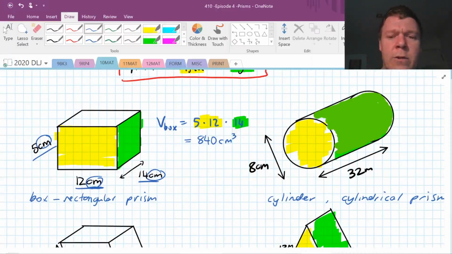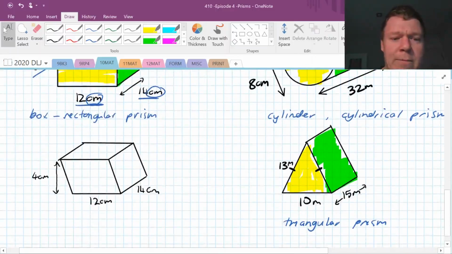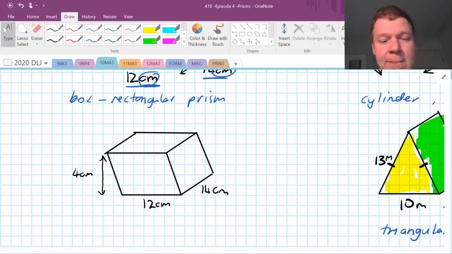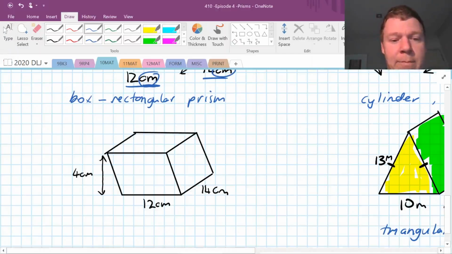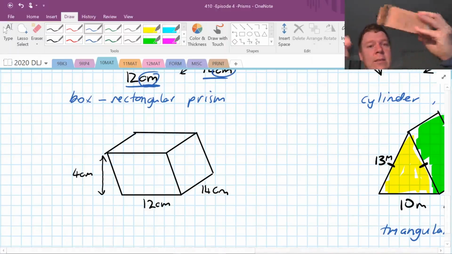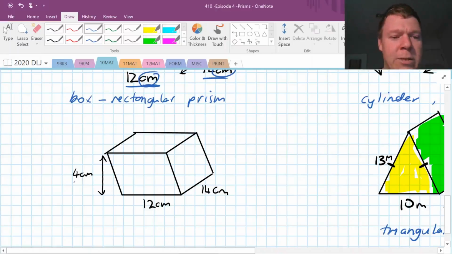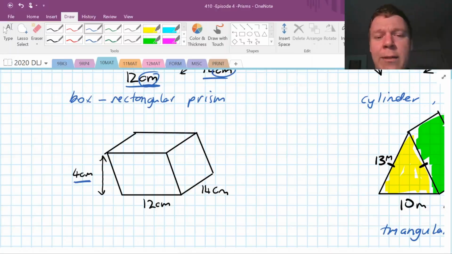Okay, let's move on to the squashed box, or the parallelogram. I've basically taken the same measurements, but you can think of a parallelogram prism as a squashed box. If I had this same box and I sat on it and squashed it, and now it's only 4 centimeters high, you can see how by doing this problem we can show how the volume changes.